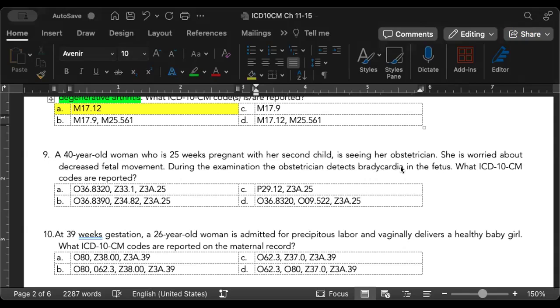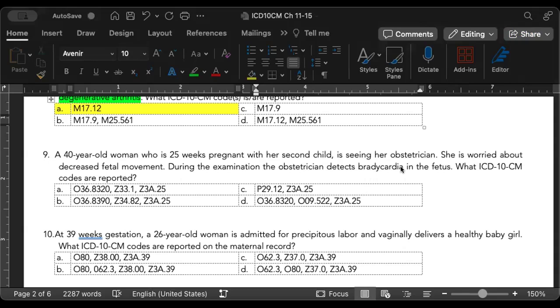So we will do pregnancy complicated by. Now, there's not a bradycardia option in the alphabetic index.